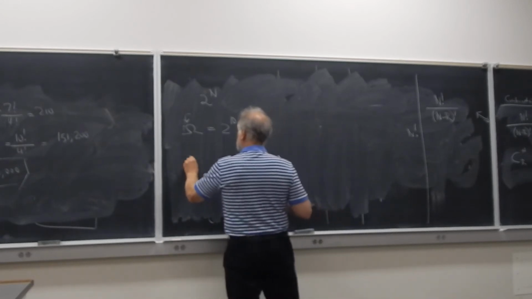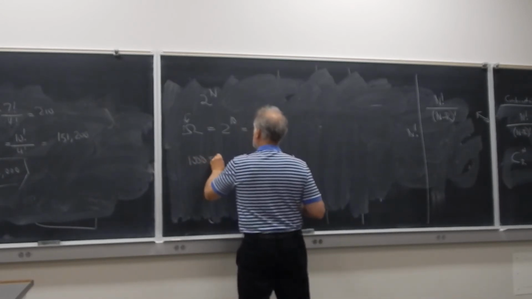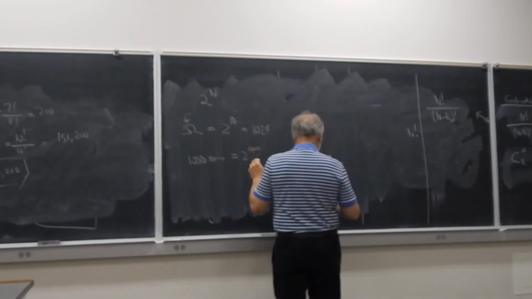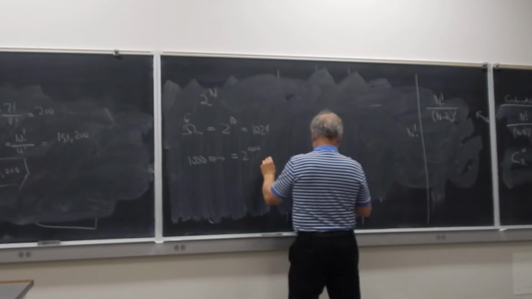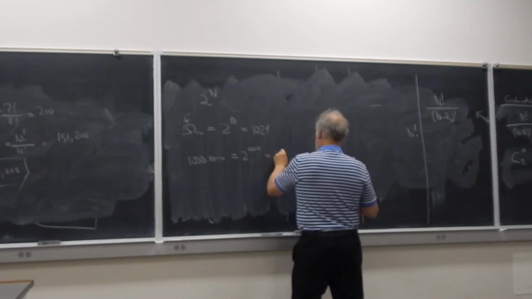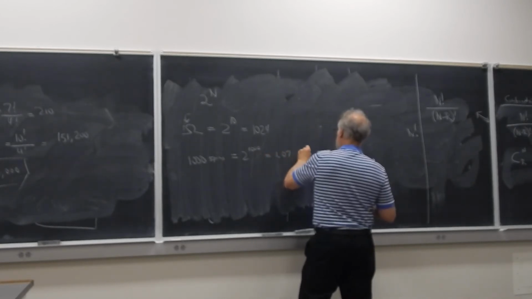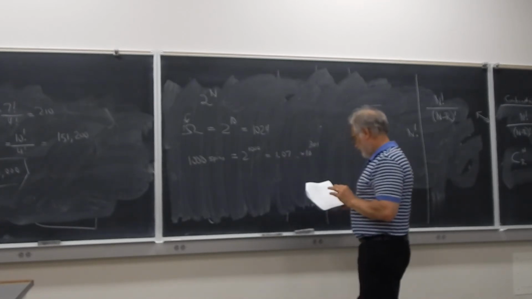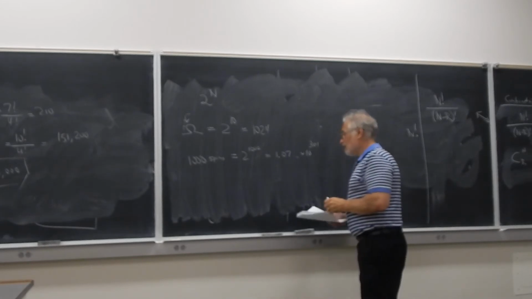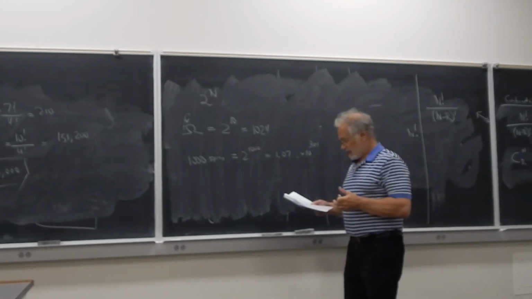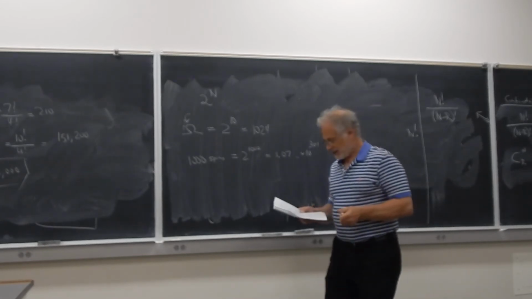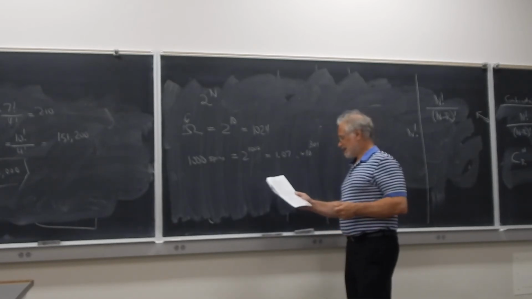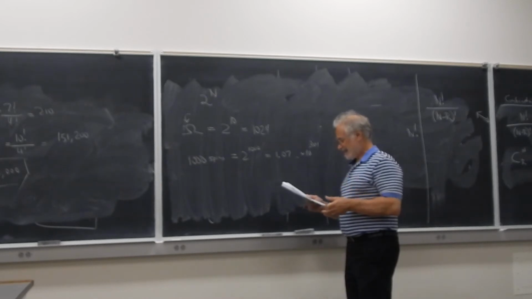If I have 1,000 spins, that's equal to 2 to the 1,000. That's going to give me something like 1.07 something something times 10 to the 301st power. Suppose I were to take a small magnetic crystal with 10 to the 23rd atoms. Forget it. You can't possibly get that number. It's gigantic.